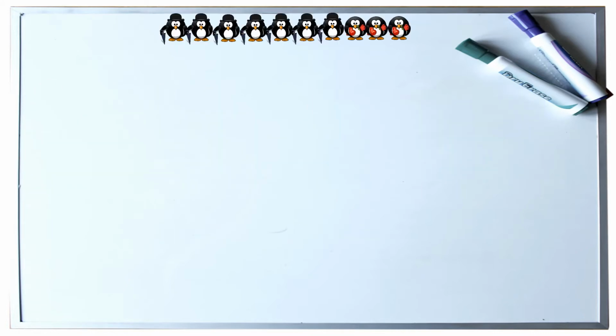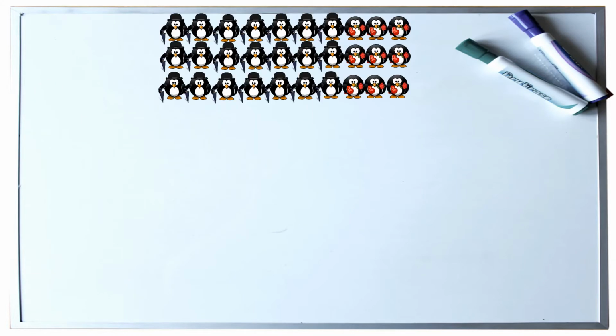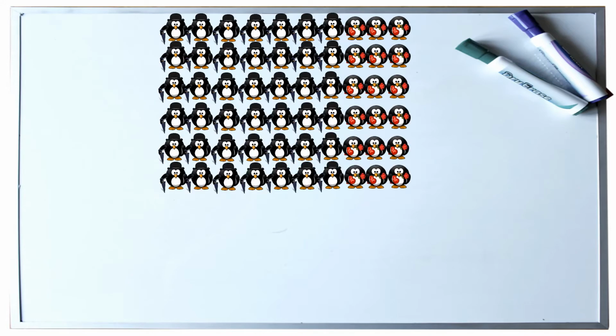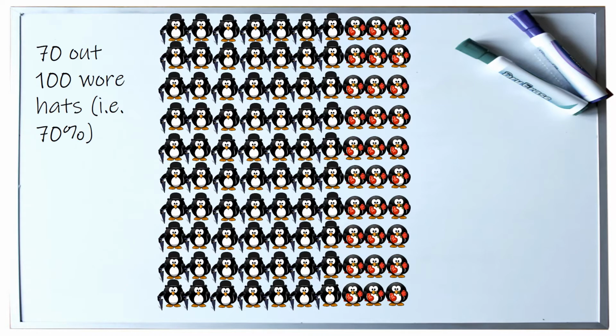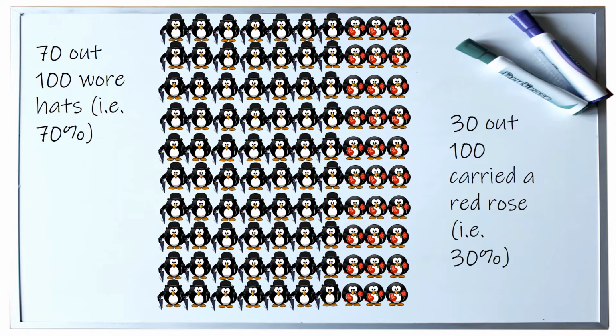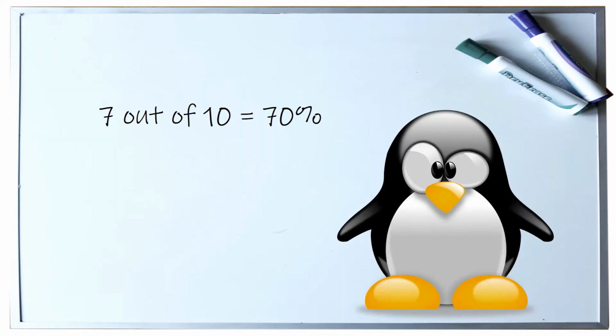So if we scale up these 10 penguins to 100 while keeping the same ratio, once again we can count. 70 out of the 100 wore hats, i.e. 70%, and 30 out of 100 carried a red rose, i.e. 30%. These are the same percentages as what we had before. 7 out of 10 is 70%, just like 70 out of 100 is 70%.